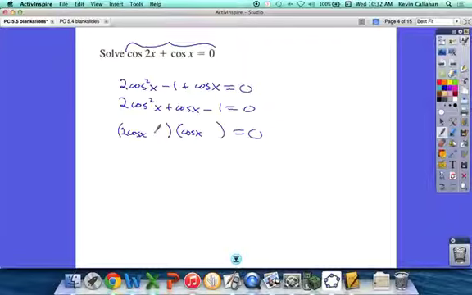And you can play around with it, but that's going to have to be the plus and that's going to have to be the minus, so that the middle term is plus cosine x. Okay, now zero product property. Cosine x equals 1/2. Cosine x equals -1. Where does cosine x equal 1/2?